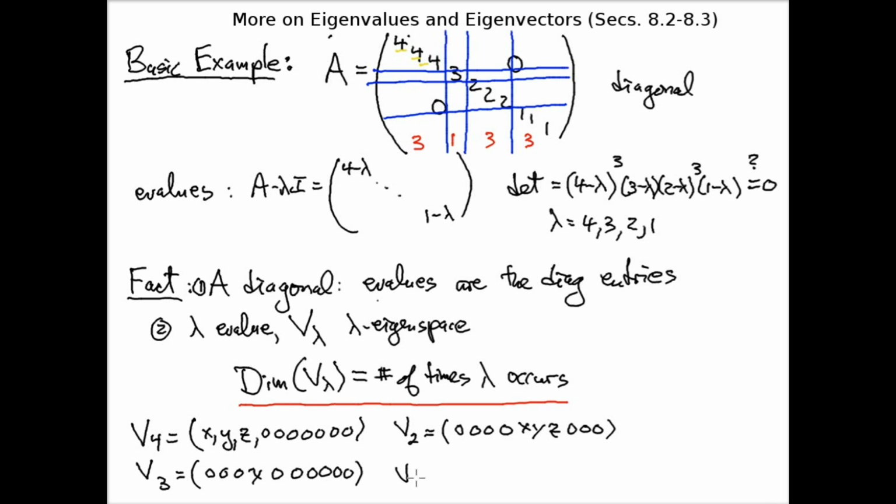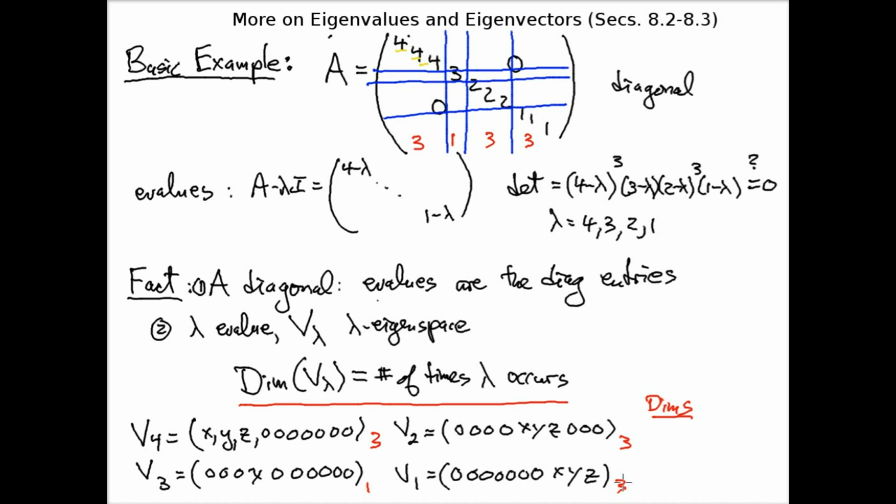And finally, V1 is 7 zeros, followed by anything x, y, z. And so the dimensions of these spaces are 3, 1, 3, and 3. Okay, so that is sort of the prototypical example.